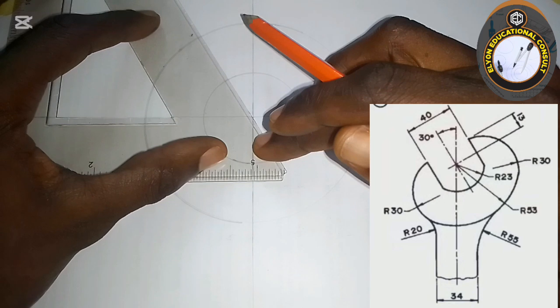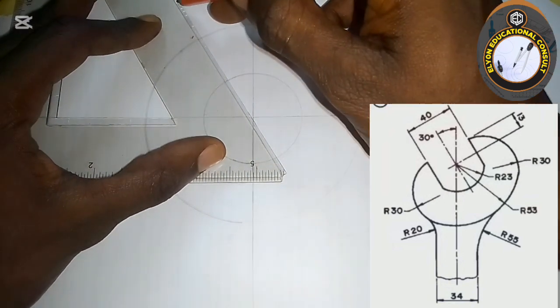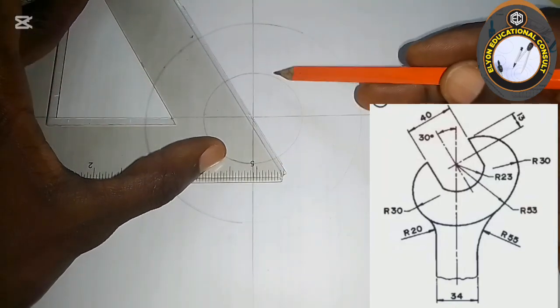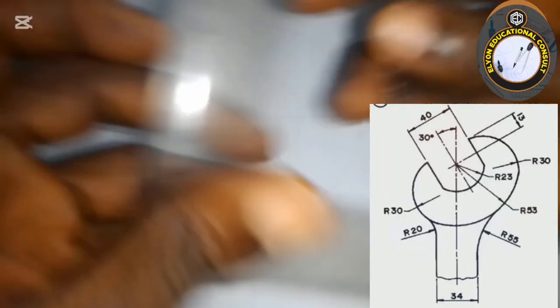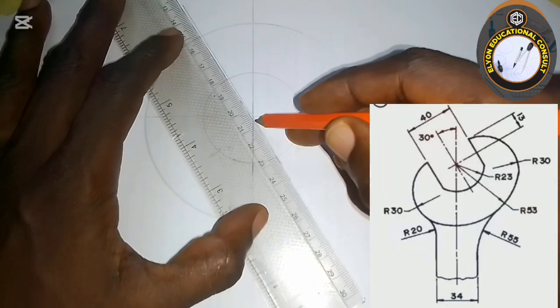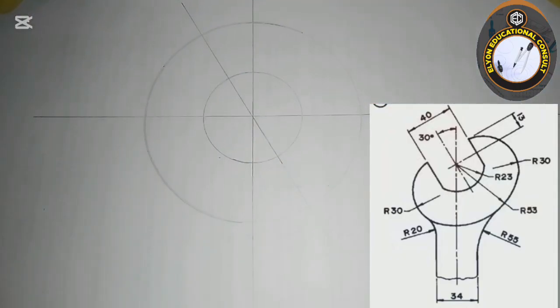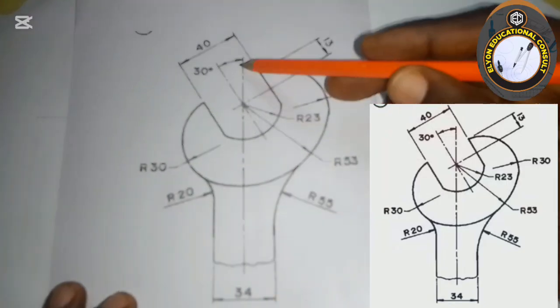Okay, then from here I can just draw this way. So this angle here will be 30 while the remaining will be 60. So this is 30 degree angle. I can drop this line, let it cut across the two circles that way. Okay, so this is 30 degree.